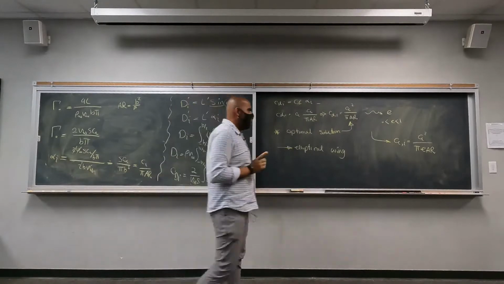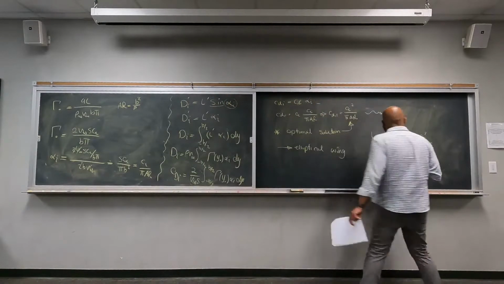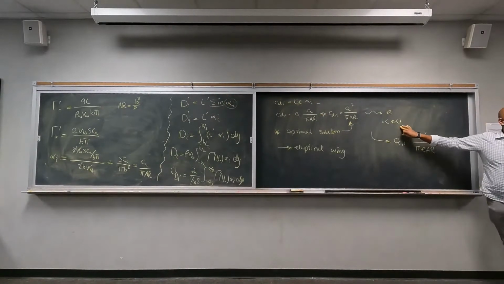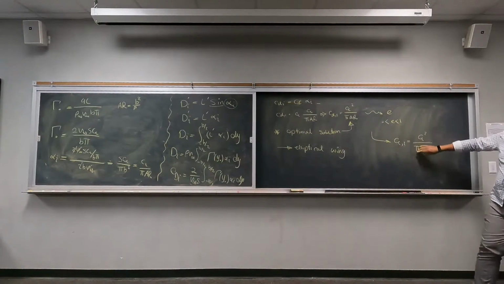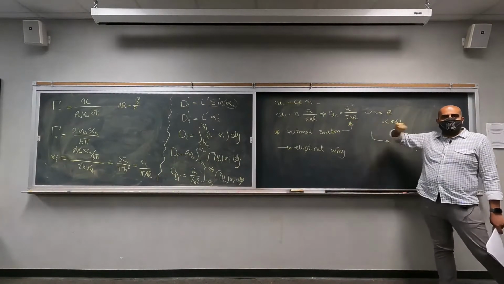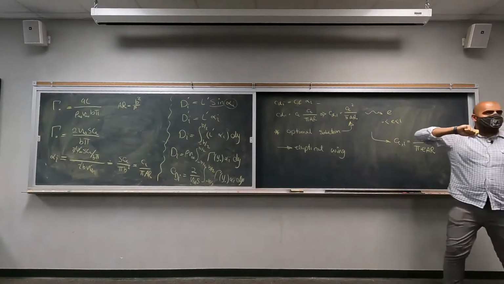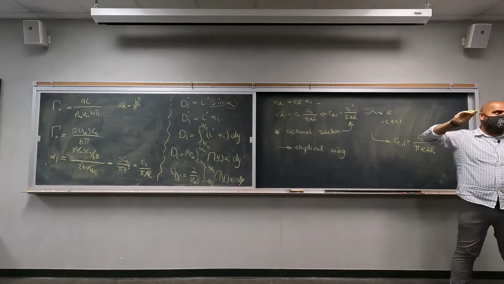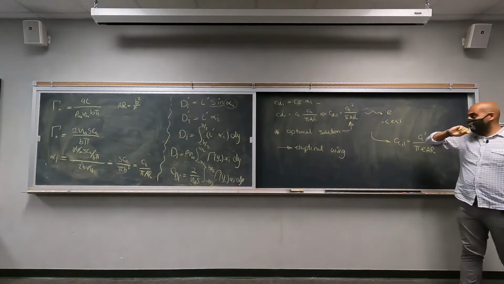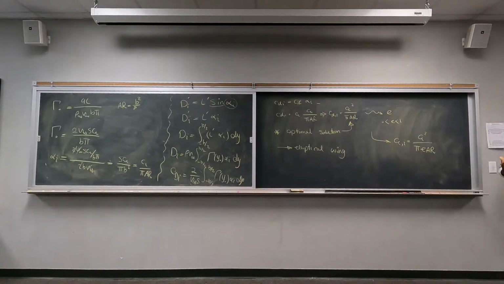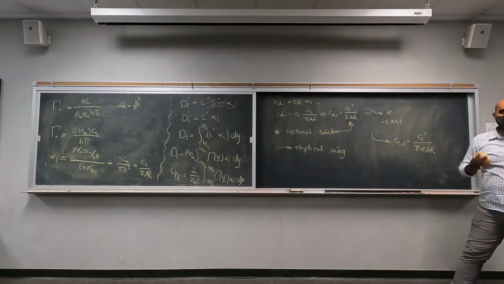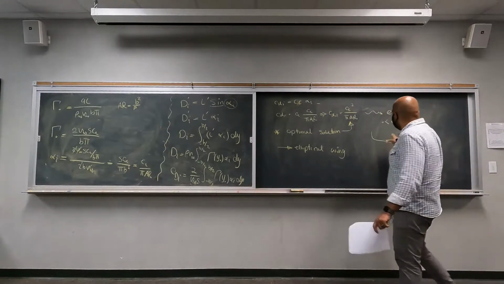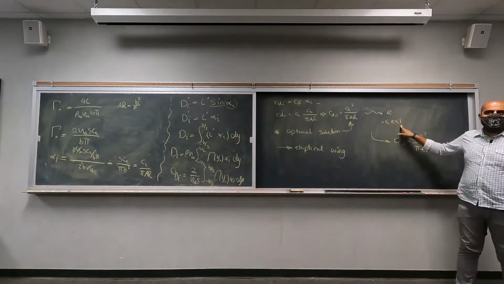This efficiency factor for an elliptical wing is going to be equal to 1, which gives you this equation. The least amount of induced drag you're going to get for a specific lift coefficient and a specific aspect ratio, right? As you change the shape of the wing and get further away from an elliptical wing, your efficiency factor is going to decrease.